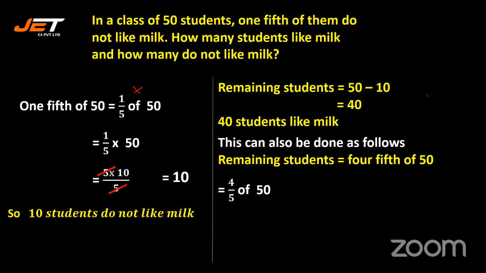Four-fifths of the students like milk. 4/5 of 50. Okay. So it's over here. 4 by 5, and 50 is written as 5 times 10. 5 by 5 cancel, 4 tens are 40. That means 40 students like milk. Right?